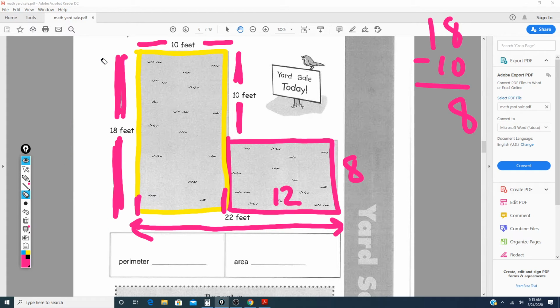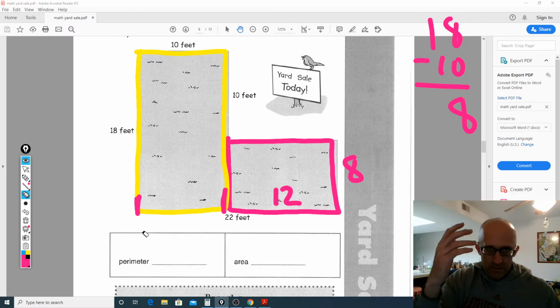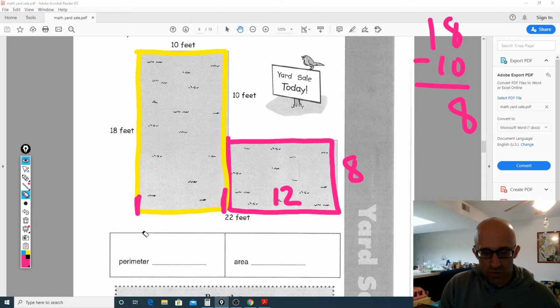Let's get the extra writing out of the way. We figured out that the pinkish form we just had here was 12 and 8 for our length and our width. So 12 times 8.